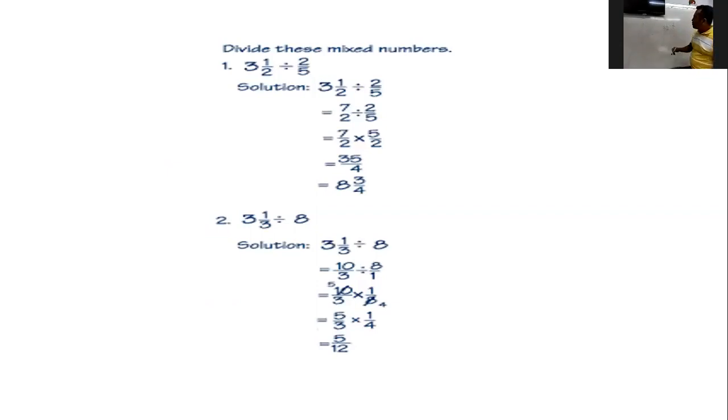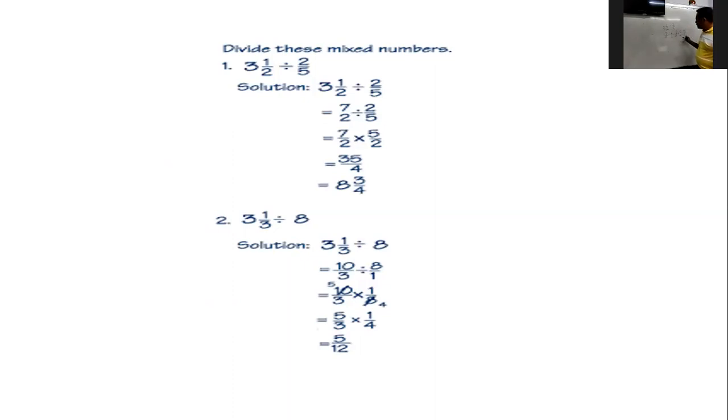So 2 times 3 equals 6 plus 1, 7 over 2 divided by 2 over 5. Then flip the divisor. So here is 7 over 2 times 5 over 2. Great. Then after that, multiply. So 7 times 5, 35 over 4.